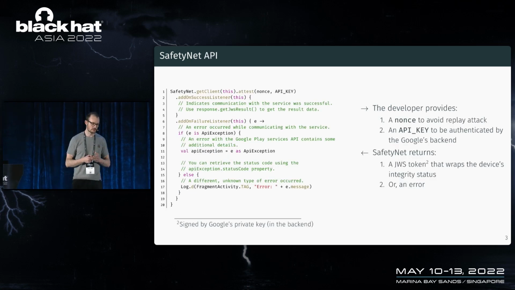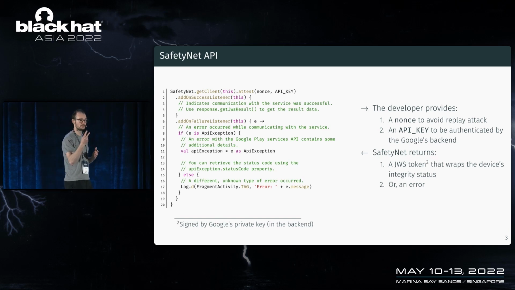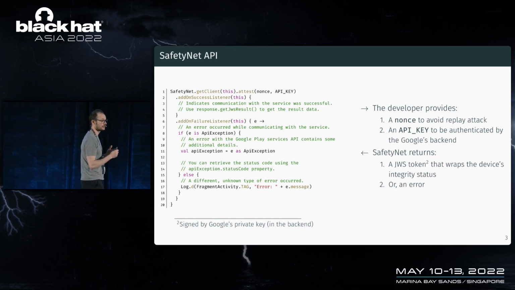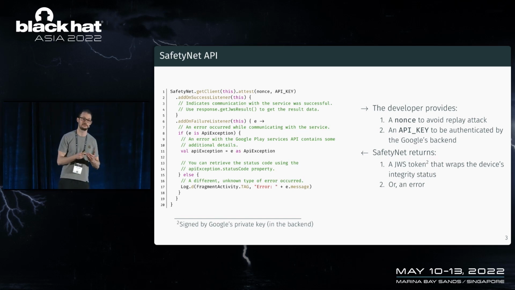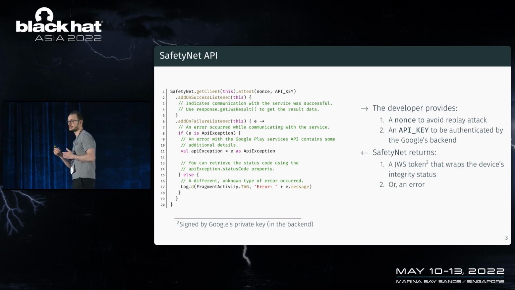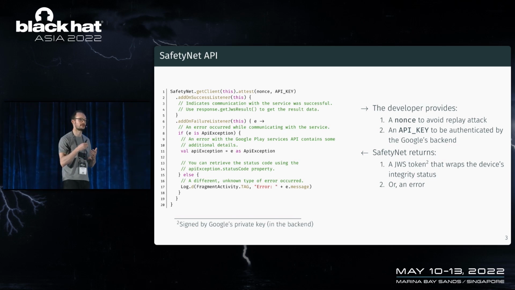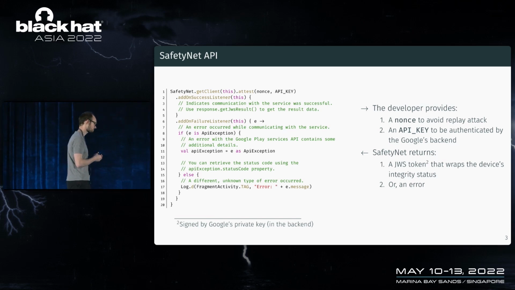So from a developer point of view, you basically have to provide two pieces of information. One is the API key of SafetyNet, which is used to authenticate the developer. And the other parameter is a nonce, which is used basically to avoid some kinds of attacks like replay attacks.